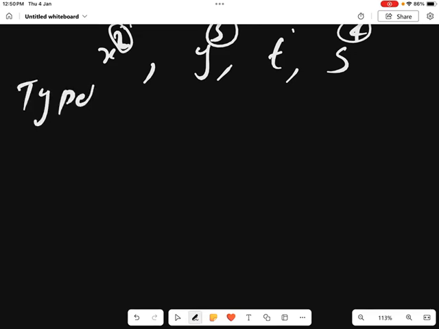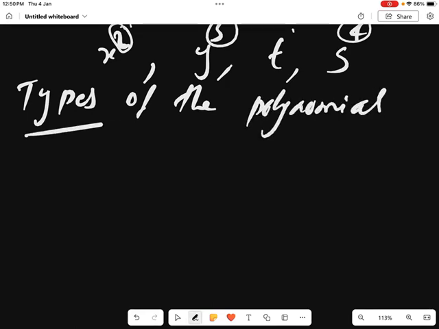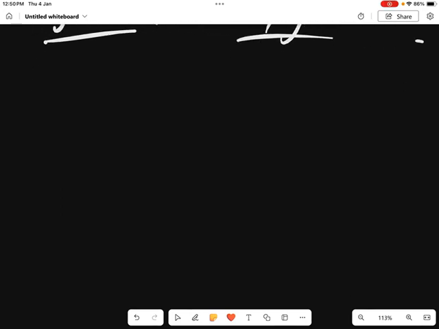Okay, next is types of polynomial. A polynomial containing only one term is called a monomial. For example, 3x, 4x and 5y.